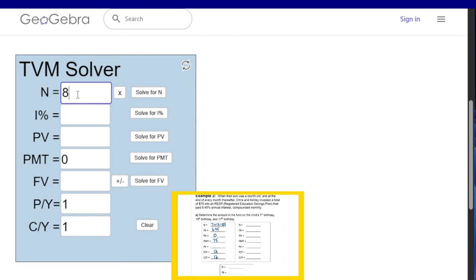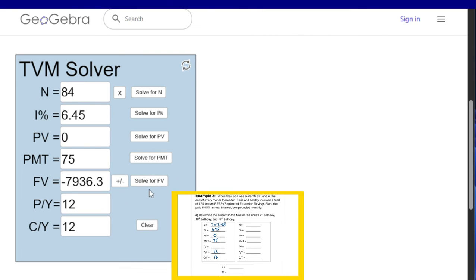N is 84. I percent is 6.45. Present value is 0. Payment is 75, so we're putting in regular payments of $75. Compounding periods per year is 12. Payments per year is 12.